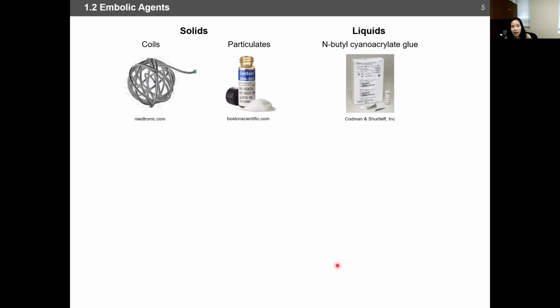So again, we're talking about the things coming out of the catheter. And again, we want to do something clinically relevant. So currently on the market, I've already shown two things. One is the microspheres, for instance, on the previous slides, on the fibroids, another are the coils for the aneurysm. So the big categories of embolic agents nowadays are either solids or liquids, such as the glue.